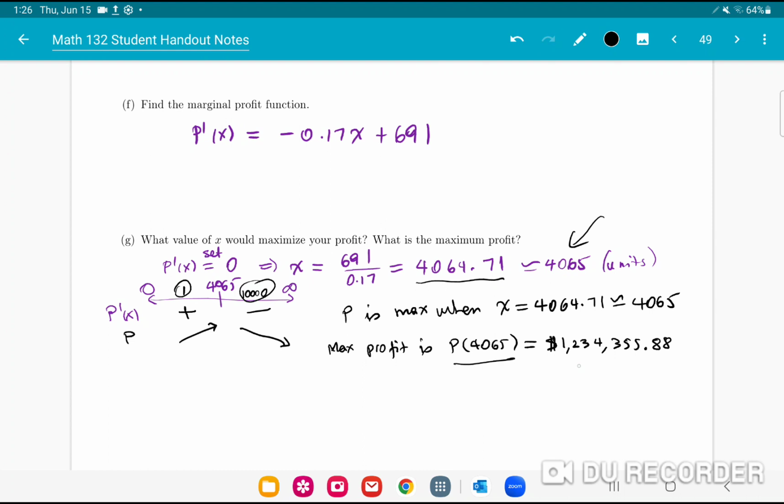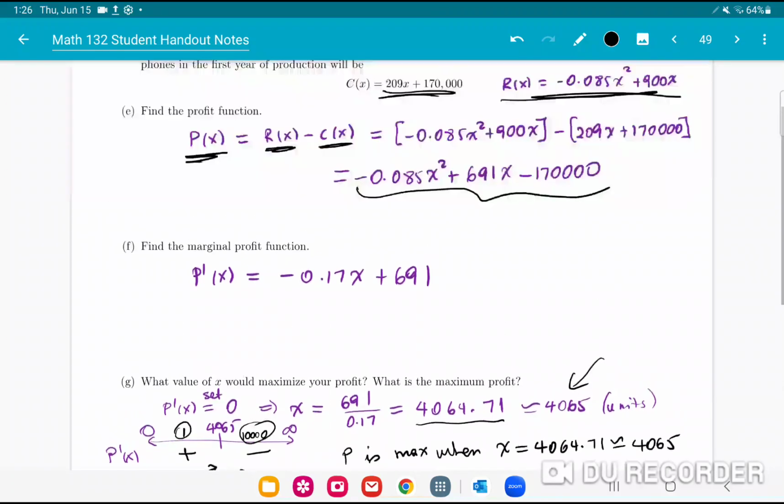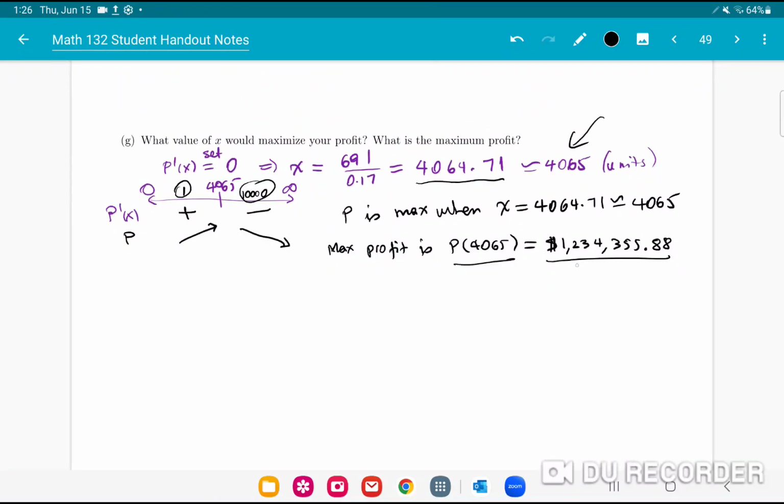I plugged it into the profit function, and that gives me this much. So the maximum profit is $1,234,355.88.